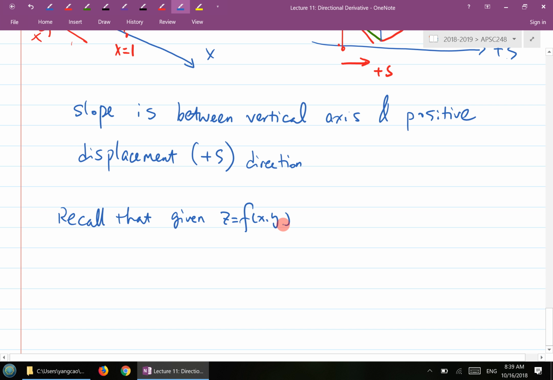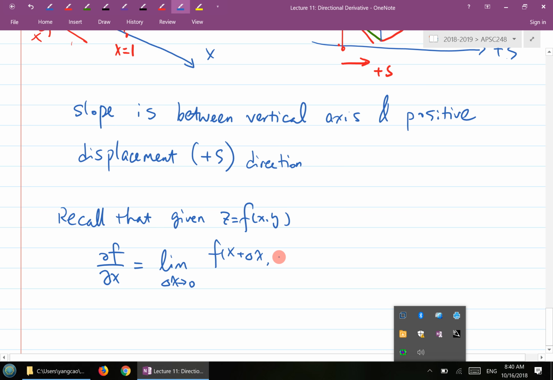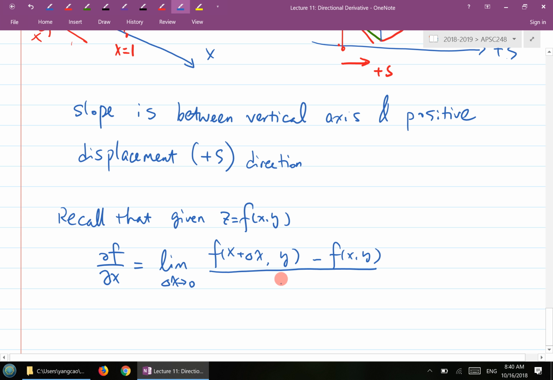Let's consider again a function of two variables, which is a surface, and we have learned the partial derivative, and the concept of partial derivative is given by this definition. So here is the partial derivative definition, partial f over partial x.